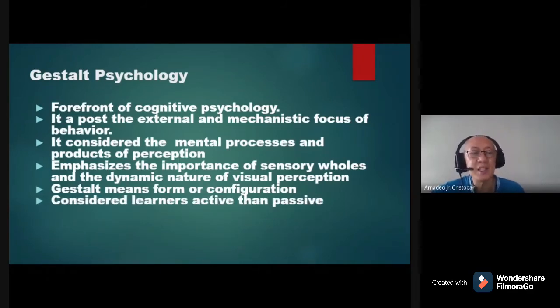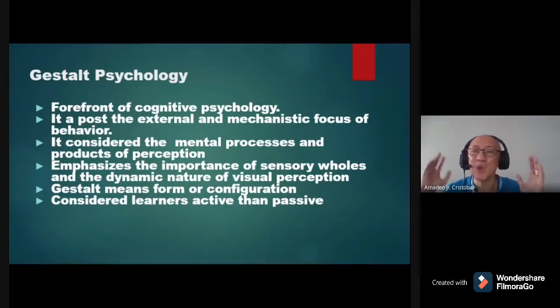In Gestalt psychology, they considered learners as active participants, not passive. Meaning that in order for an individual to learn, say for example, you, the 10 of you in the synchronous class here, before you learn, you have to be active.